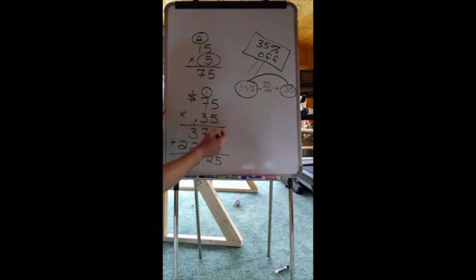So, at the very end, just like before, I count my decimal spaces. I start to the right, and I say 1, 2. So, down here in my answer, I go 1, 2, and I find out that 35% of 75 is $26.25.